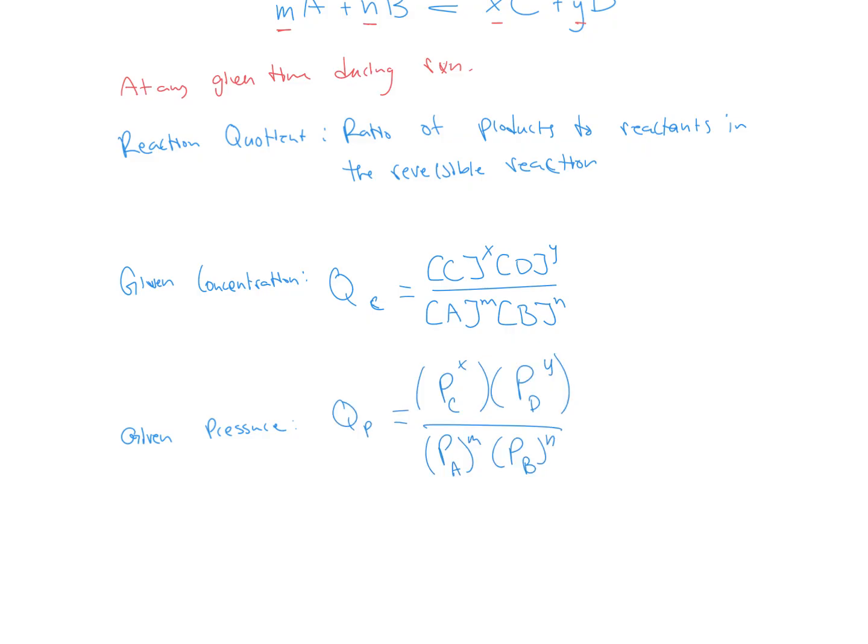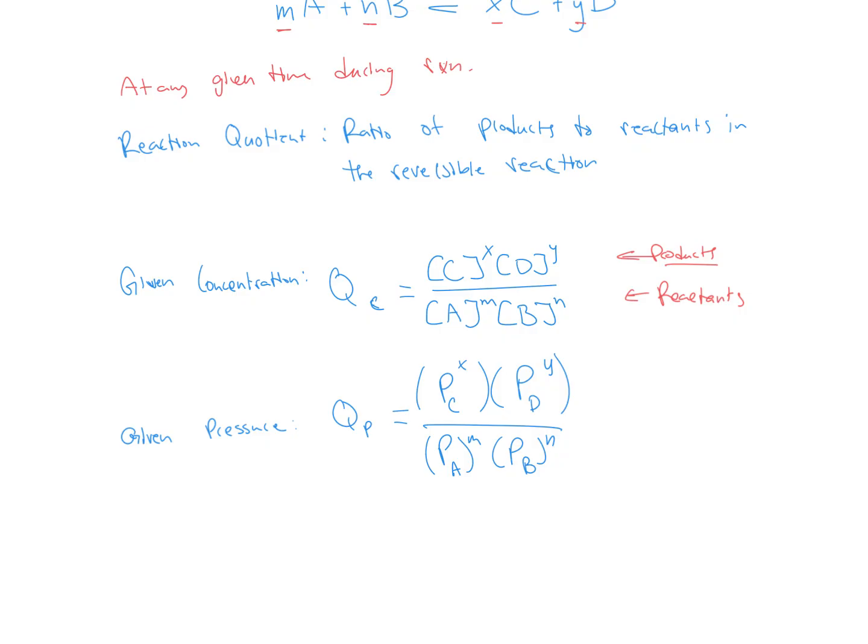So anytime you're doing these reaction quotients, it is always products divided by reactants. The only difference is what you are given. If you're given concentration, you use the top one. If you're given pressure, you use the bottom one. They are the same equation. It's just dependent on what kind of information you are given.